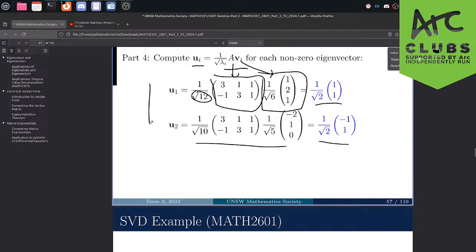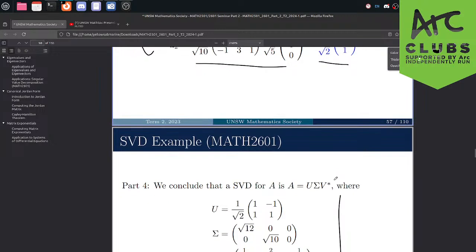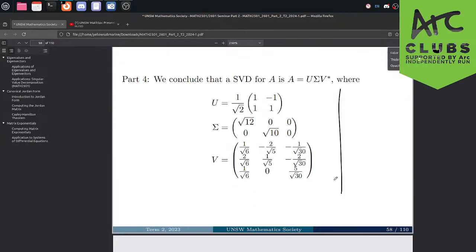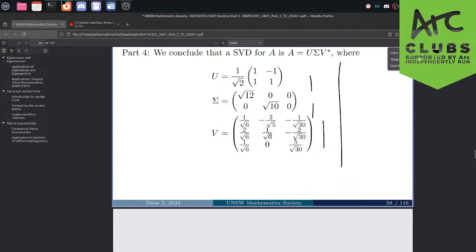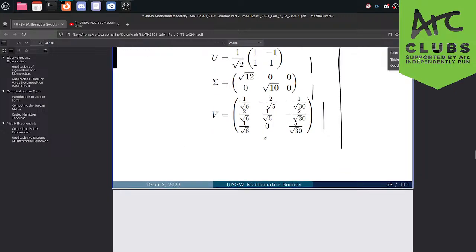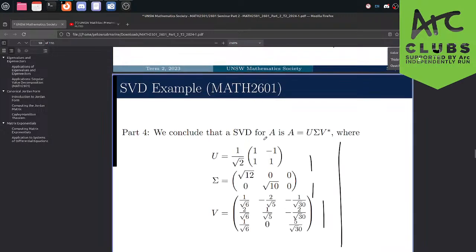Note we don't need to extend U because A star A didn't have any 0 eigenvalues, or another way to say it is this will form a 2 by 2 matrix, which is what we want anyway. So we get U, sigma, and V, from which we can calculate V star. Cool. Feel free to rewrite V star as V transposed, because there's no complex numbers.